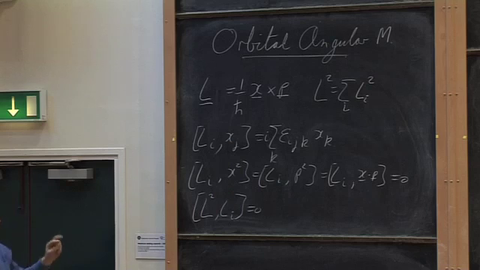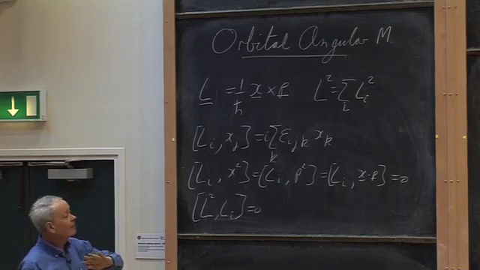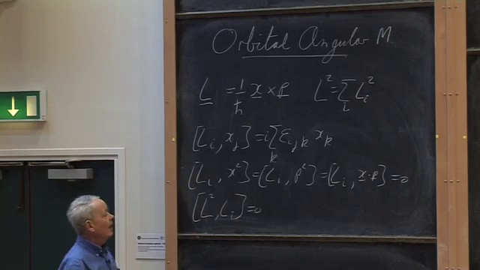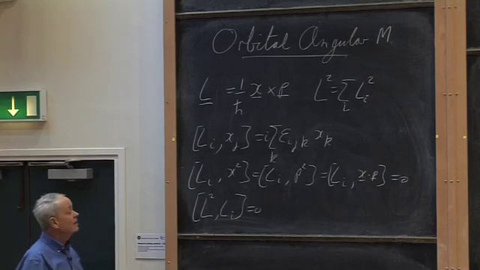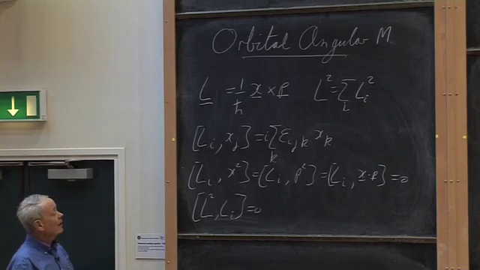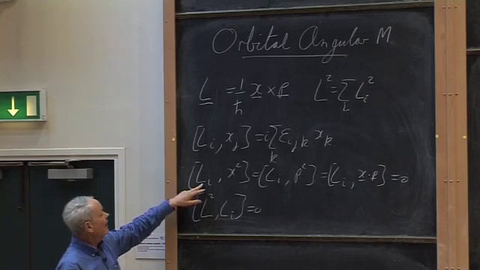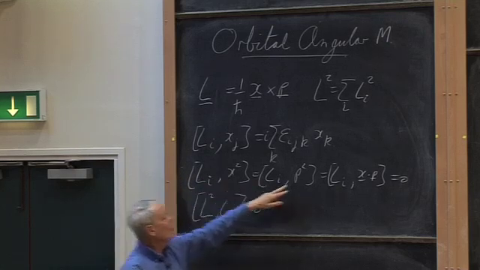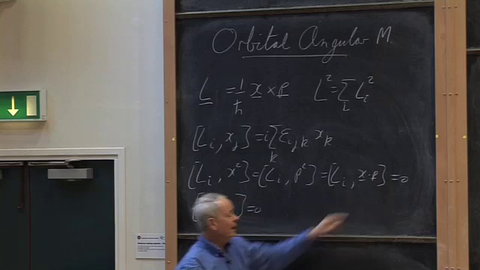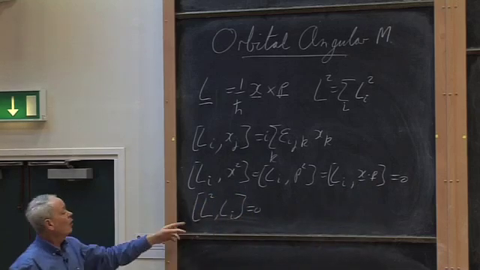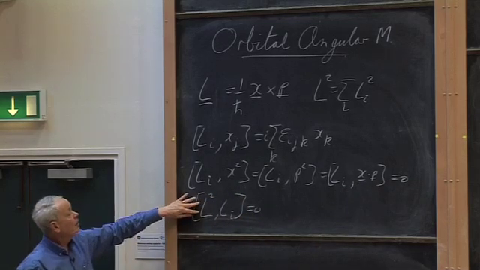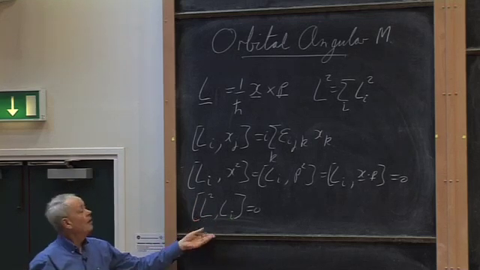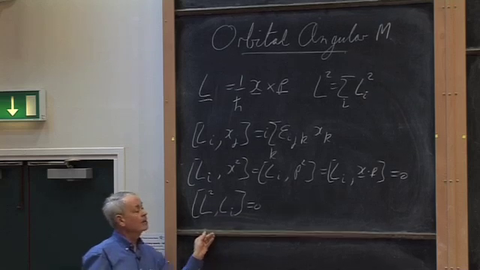And from that you can go on very easily to show it. The demonstration is exactly the same as what we already did with the total angular momentum operator, that any of these orbital angular momentum operators commutes with scalars like x squared or p squared or x dot p. Also, L squared commutes with any of its components.